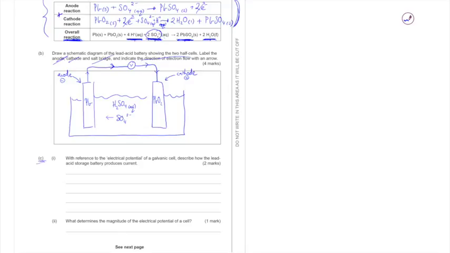So what I would write down is that the electrical potential is caused by differences in standard potential.